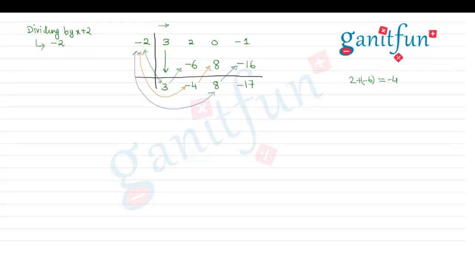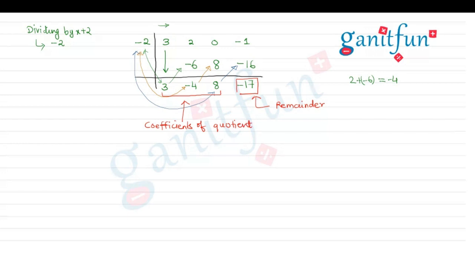Now what do these numbers represent? This last number, minus 17, represents the remainder. After dividing the whole polynomial with x plus 2, this is the remainder left. And these numbers 3, minus 4, 8 represent the coefficients of the quotient which we will get.